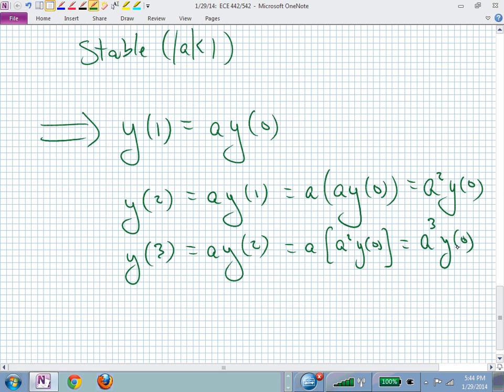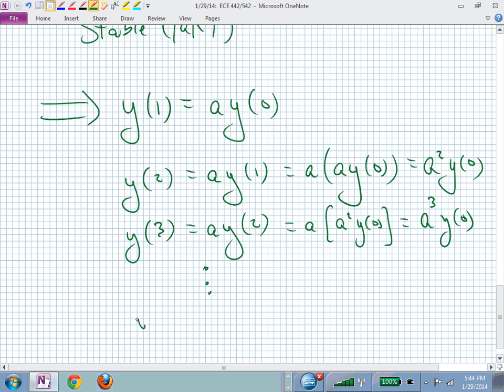And I think now you can see the pattern, that if we continue with this, if I want to know what's the response going to be, capital N time steps into the future, you can tell me what that's going to be, formula-wise. That's just going to be little a to the capital N times y of 0.